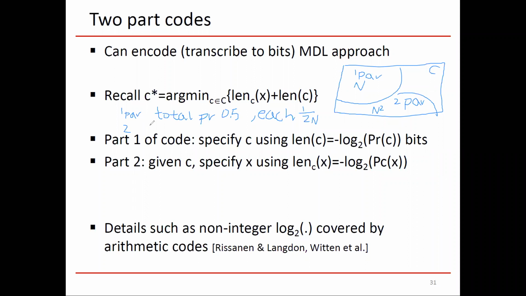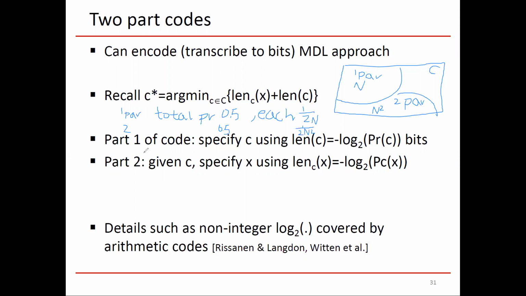The second subclass with 2 parameters also has a total probability of 1/2, but it has n square parameters in it, and each of them has probability 1 divided by 2n squared. And when you take the n square models within the second subclass, n squared times that probability, 1 over 2n squared, gives us 1/2. 1/2 plus 1/2, probability 1/2 for the 1 parameter case, probability 1/2 for the 2 parameter case, sums up to 1. That's completely reasonable within our understanding of probability.